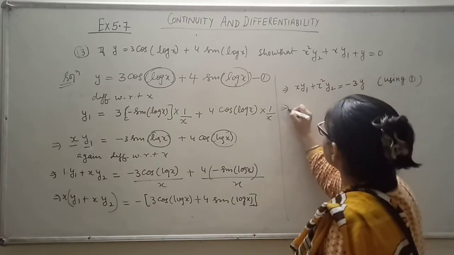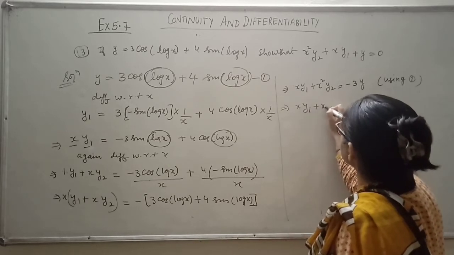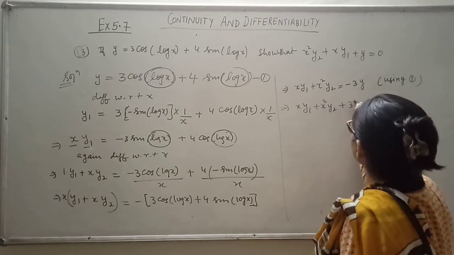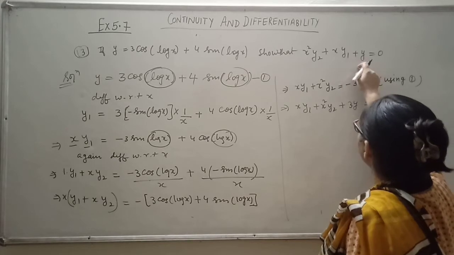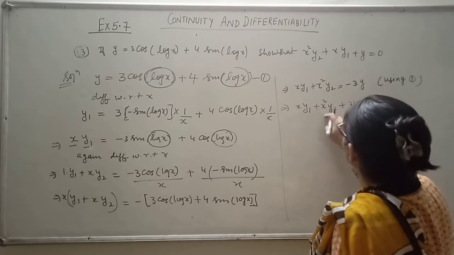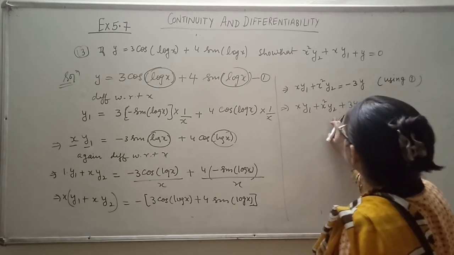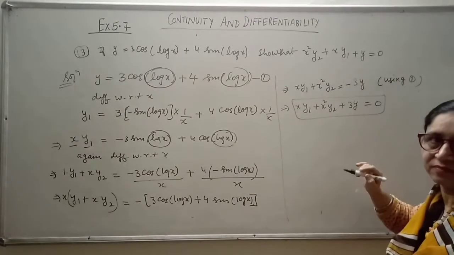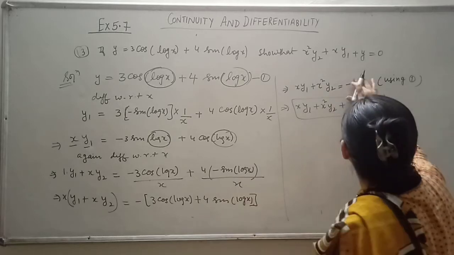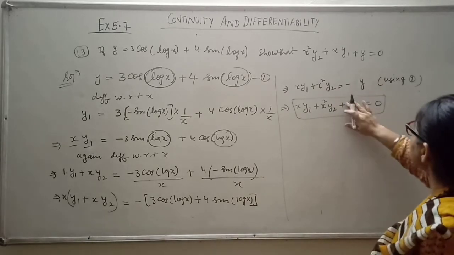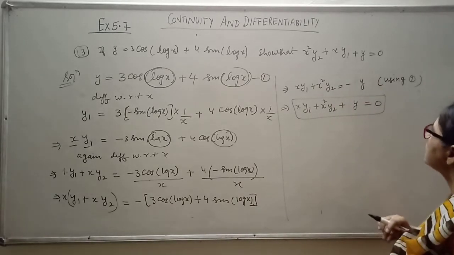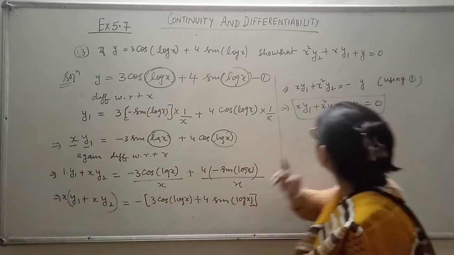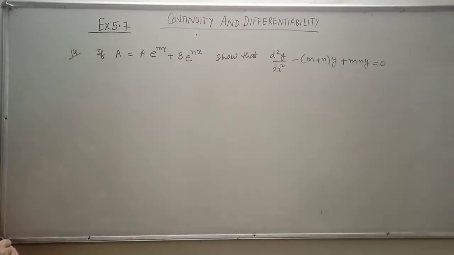So it becomes xy1 plus x square y2 plus 3y equal to 0, and this was what to be proved. If you write it here and it comes here, this was given to be proved. It is only y here, so it is plus y here, not 3y. क्योंकि यहाँ 3 तो है नहीं ना बाहर, तो it is only y.